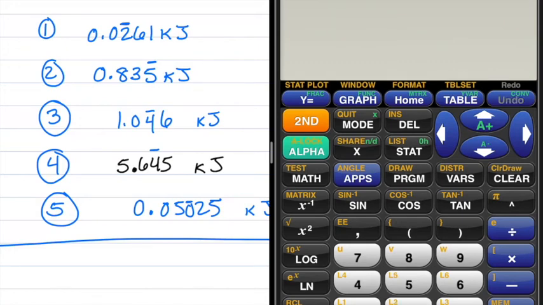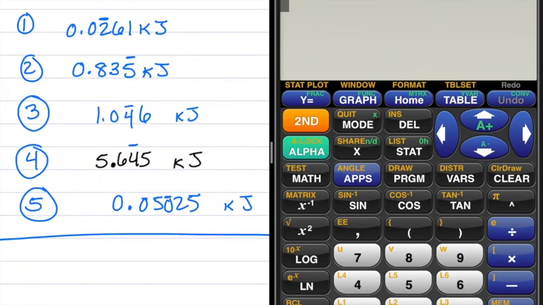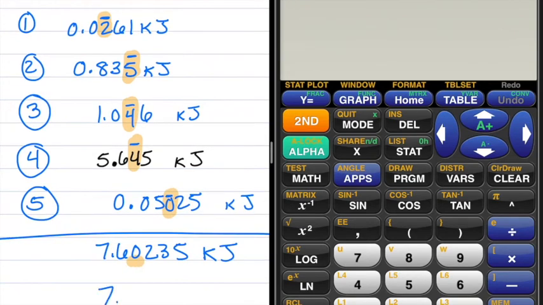All right, so when you guys added this up, did everybody get something close to that 7.60? Okay, excellent. So the number in its entirety, I'm going to say 7.60235 kilojoules. Then I'm going to look at my sig figs. This is 2 digits after the decimal, 3 after the decimal, 2 after the decimal, 2 after the decimal, and 3 after the decimal. So I'm going to cut this off after 2 after the decimal and call this 7.60 kilojoules.